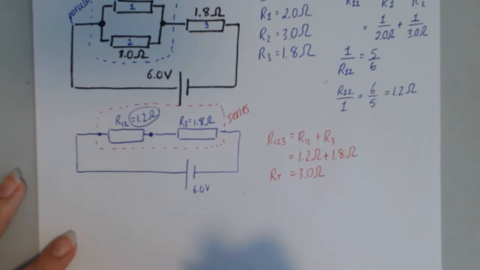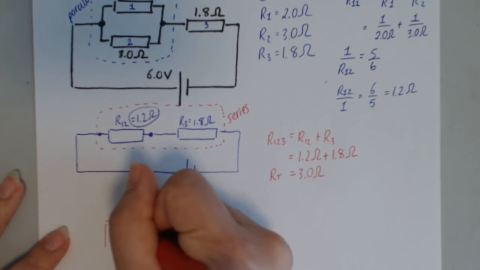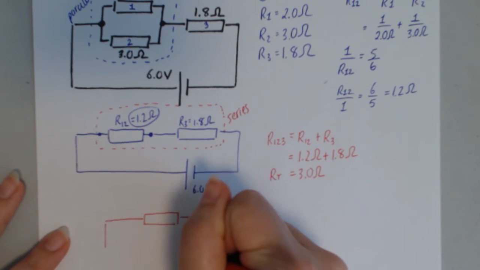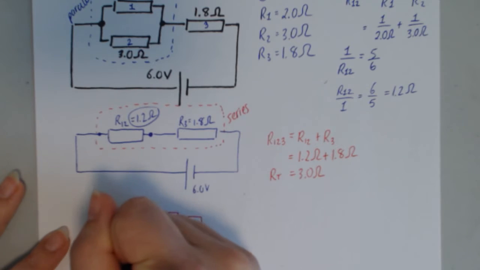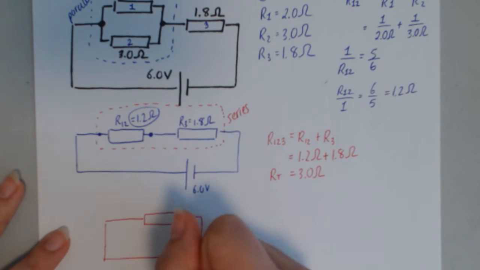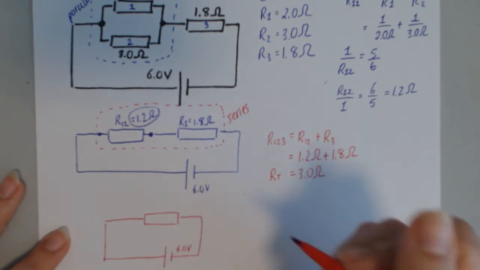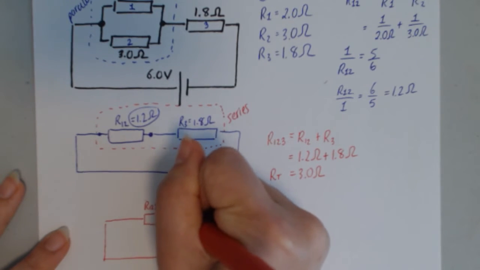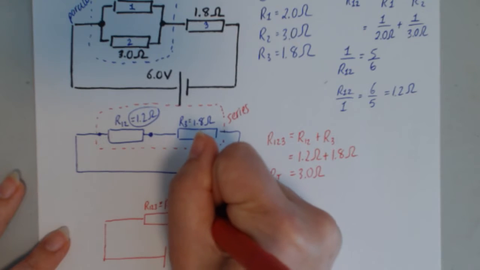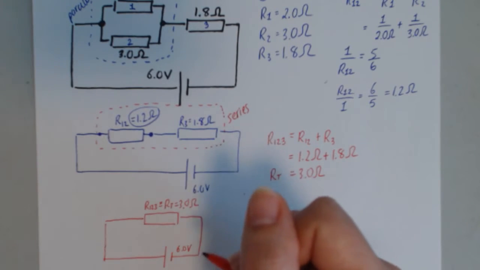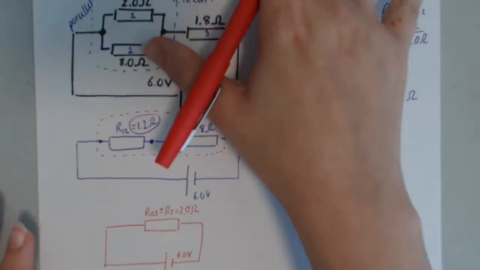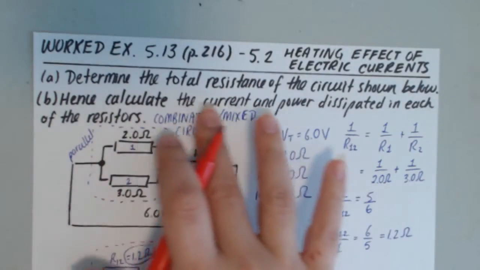So now what we have is, because we don't need as much wire, we have one resistor, and we have our single battery. So this is 6 volts, and this is R123, also known as our total, which is 3 ohms. Okay, now, the whole point of part A was to find the total resistance.